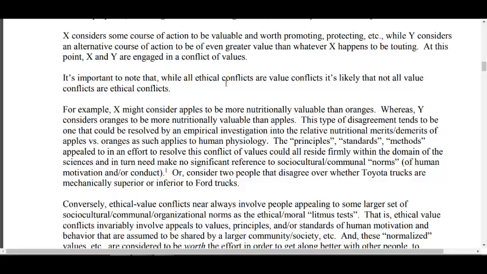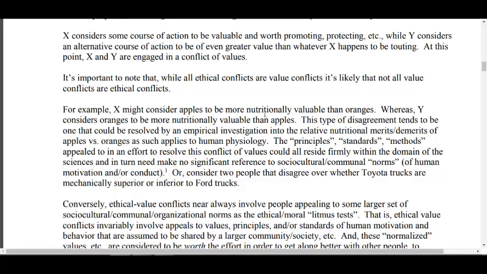But it is important to notice that all ethical conflicts are absolutely value conflicts at the most fundamental level. There's many other factors, but value conflict tends to be always there. Although ethical conflicts are always conflicts of value, value conflicts in and of themselves don't always have to be ethical conflicts.